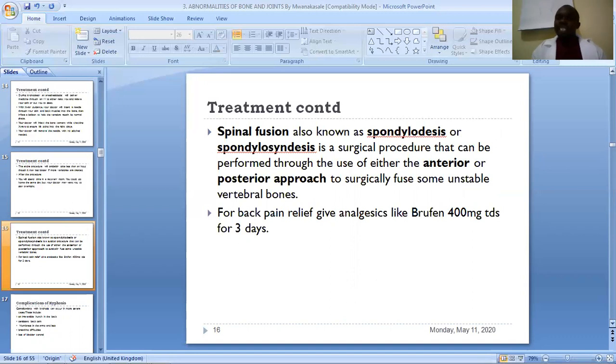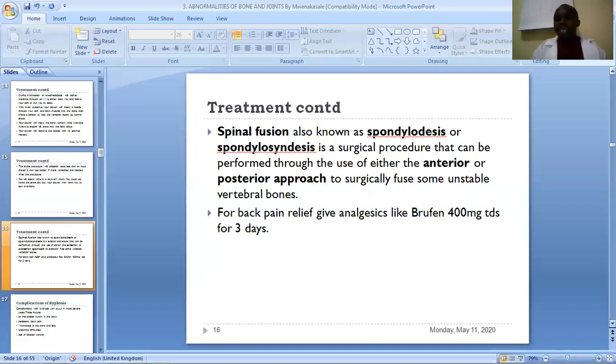The other surgical procedure that can be done is spinal fusion, like we discussed in scoliosis, where you surgically fuse 2 or more vertebrae to prevent them from making any movements. Now, spinal fusion may also be known as spondylodesis, or the other name can also be referred to as spondylosyndesis, which is a surgical procedure that can be performed through the use of either the anterior or posterior approach to surgically fuse some unstable vertebrae bones.